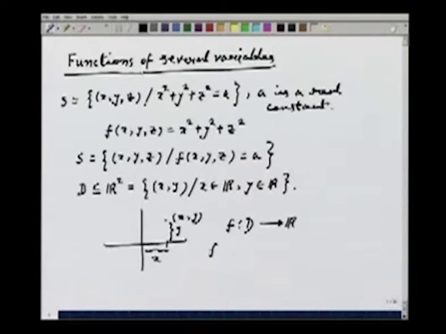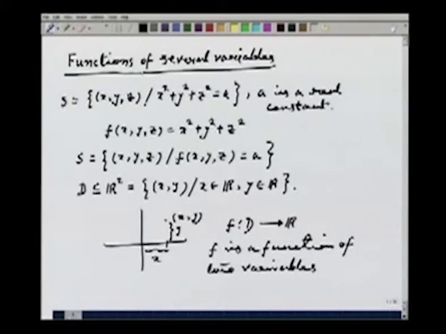then f is a function of two variables, namely x and y. It will be more clear if I look at examples. Let me take D to be equal to R2.